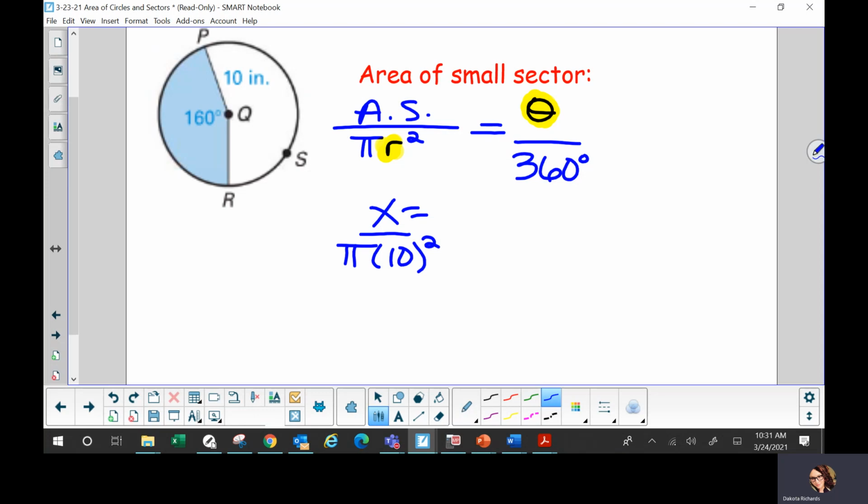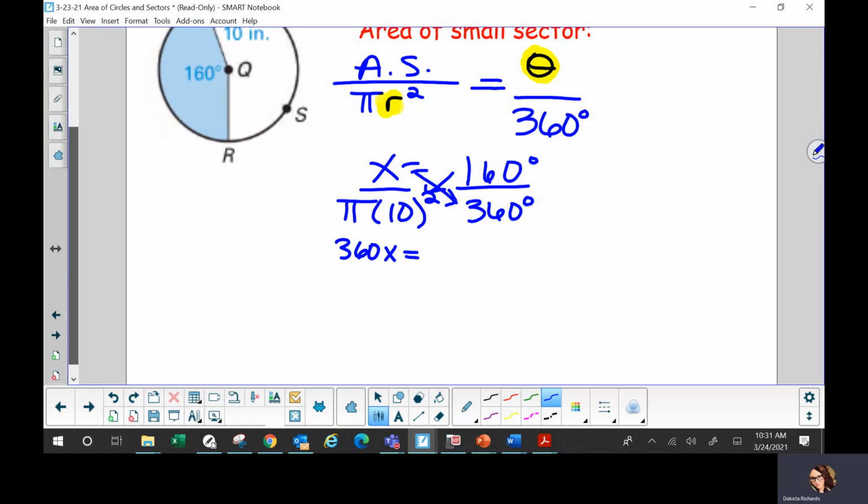What is the arc measure? Good. Now, cross multiply. Sorry, I'm going to do the 360x first. What is 10 squared? 10 squared is 100.